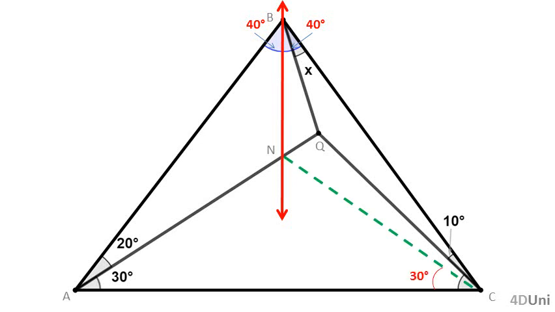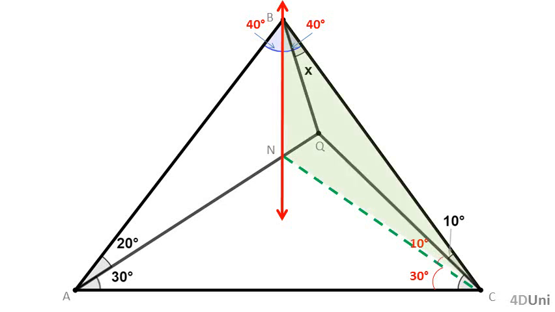Then, the measure of angle NCA should be equal to the measure of angle NAC, which is 30 degrees. Also, the measure of angle BCN is equal to the measure of angle BAN, which is 20 degrees. Then, the measure of angle NCQ is 10 degrees.